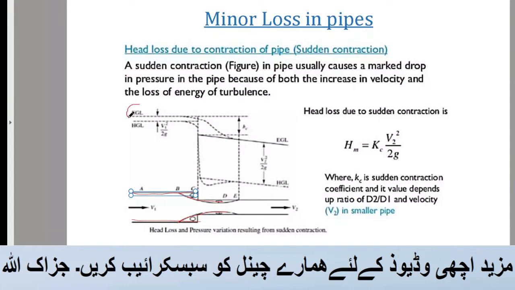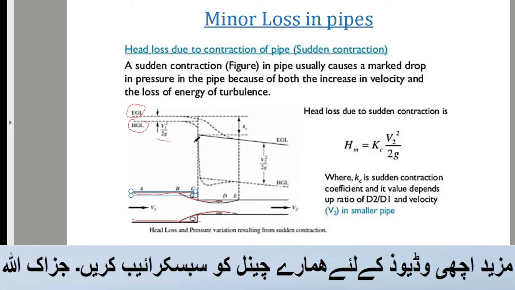Here you can see the energy gradient line and the hydraulic gradient line. The difference between energy and hydraulic gradient is the velocity head. The hydraulic gradient line is reducing after reducing this diameter, and similarly there is no impact on the energy gradient line, because velocity and diameter or area have an inverse relation.